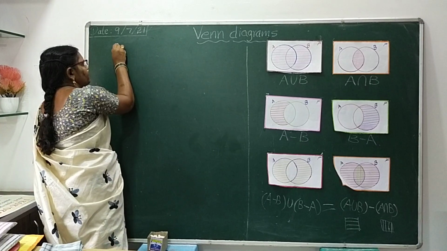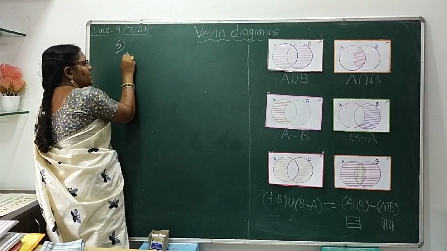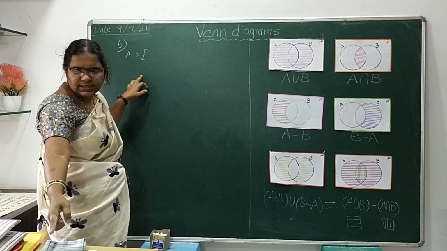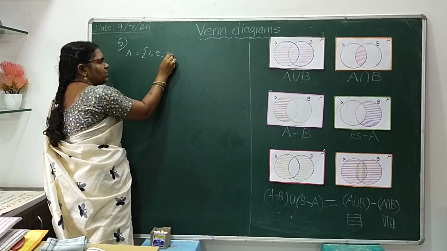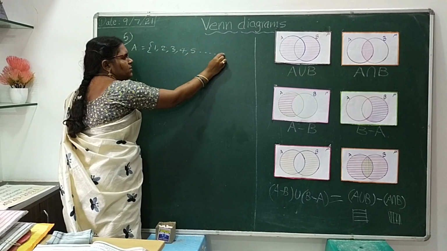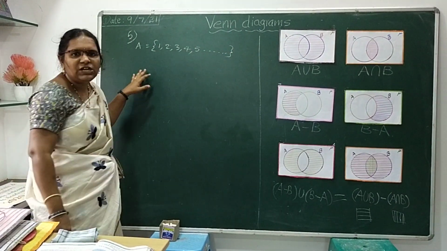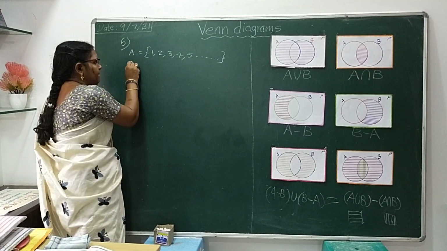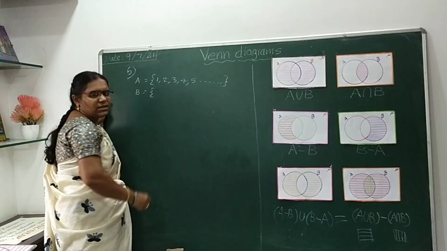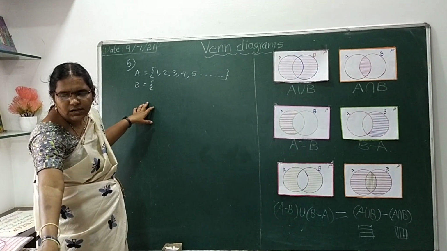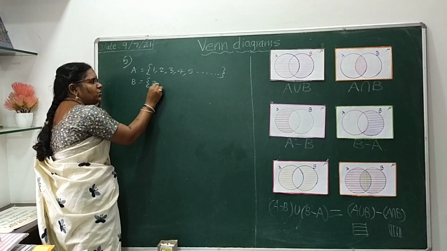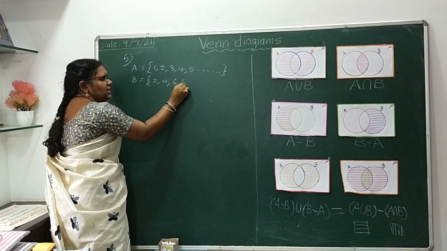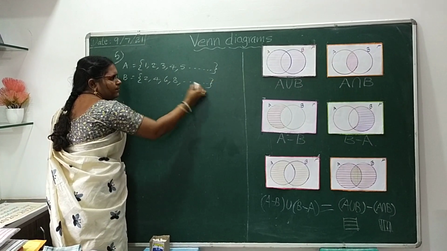First one, A is equal to x such that x is a natural number, meaning 1, 2, 3, 4, 5 and so on, an infinite set. Next B, what have they given? The set of even natural numbers, meaning 2, 4, 6, 8 and so on.